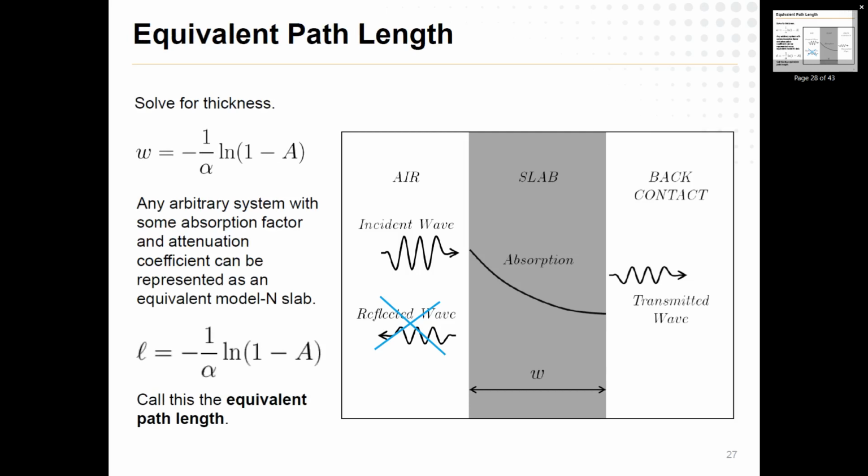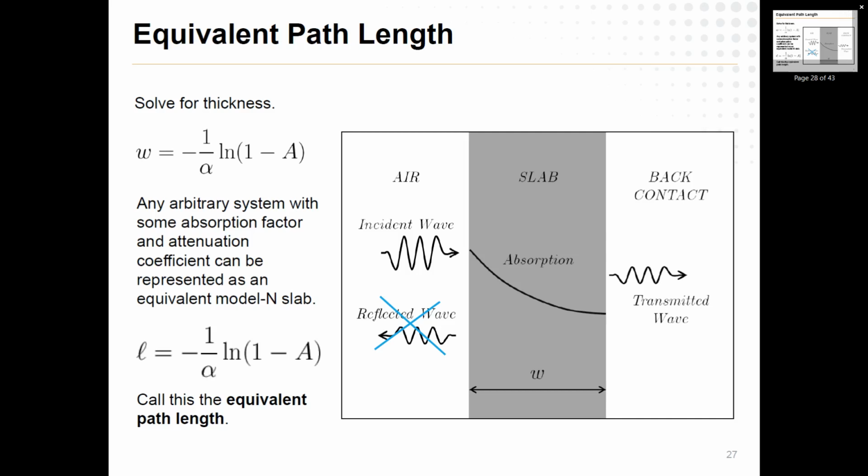If I know the absorption factor of that energy in here, I can technically calculate the width after the fact, right? But what that also says is, let's imagine some arbitrary absorption factor from some complicated system, and say if it were this Model-N slab, it would have some equivalent path length of L. Okay, so does that make sense?